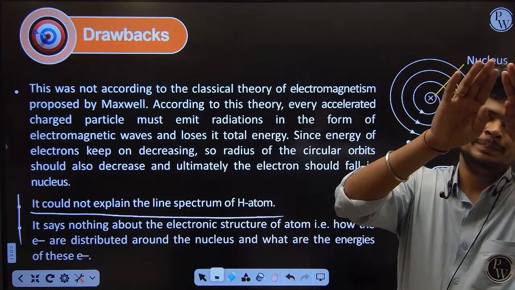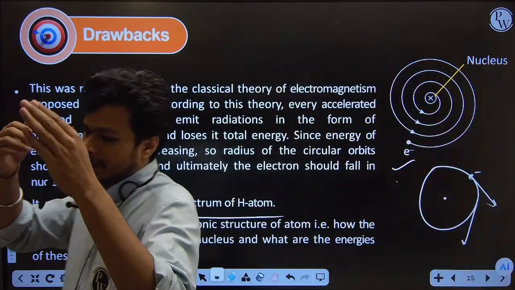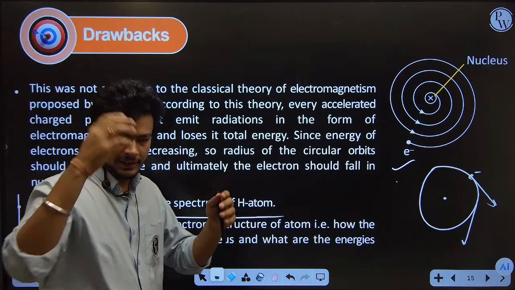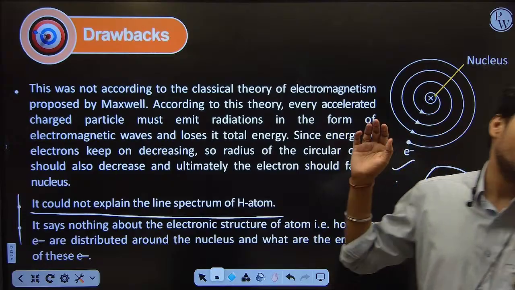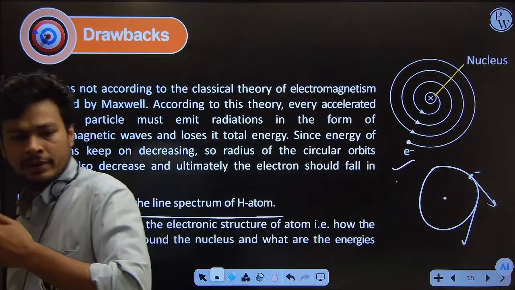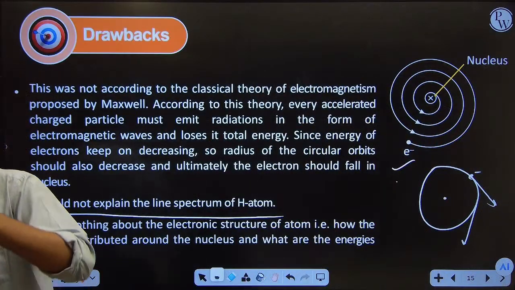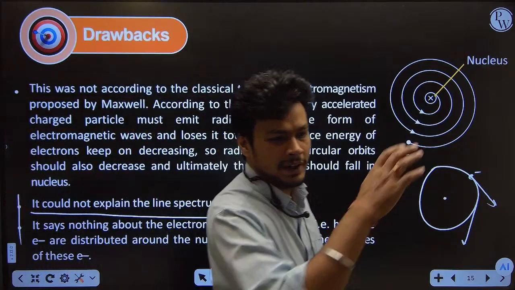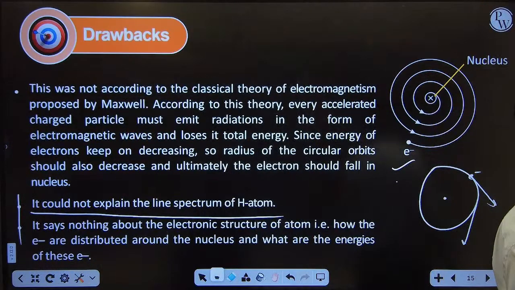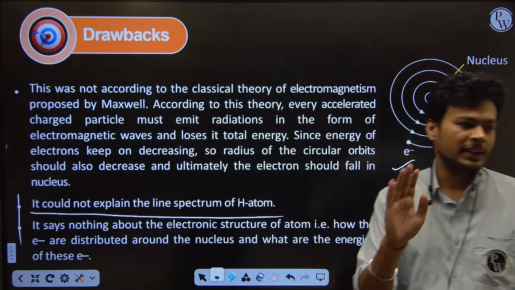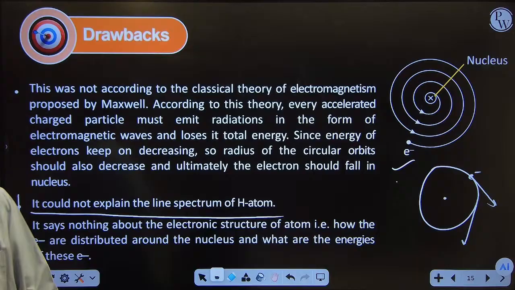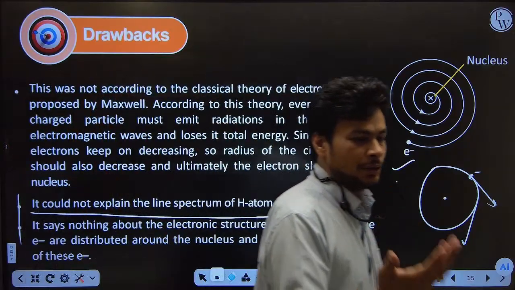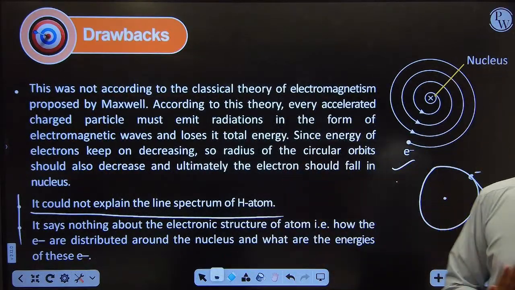Basically, we take a gas in a tube, give it a lot of electrical energy, and it starts to emit white light. That white light we pass through a prism, and we take a photograph of the result on a photographic plate, and that we call the spectrum. Whatever the outcome on the photographic plate, it's unique for every atom that you take. So why is that happening? This model of atom could not explain that.